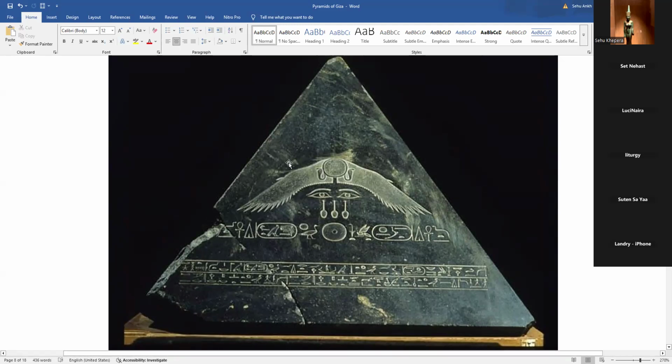And in this context, Set represents egoism, and his emissaries are the tentacles of that egoism. So pride, jealousy, debauchery, insolence, etc., anger, rage.